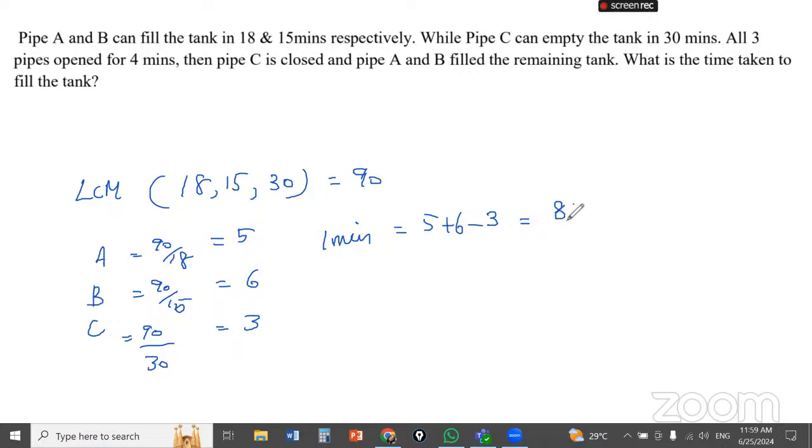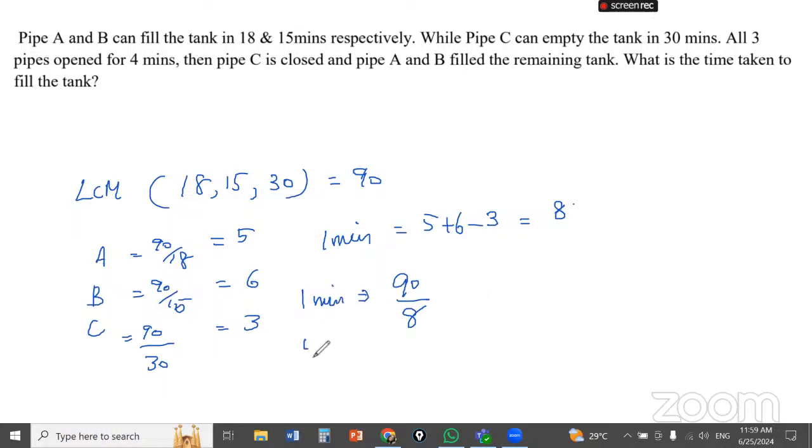So in 1 minute, they are completing just 8 liters. The total capacity is 90, so 90 upon 8 is the time taken.